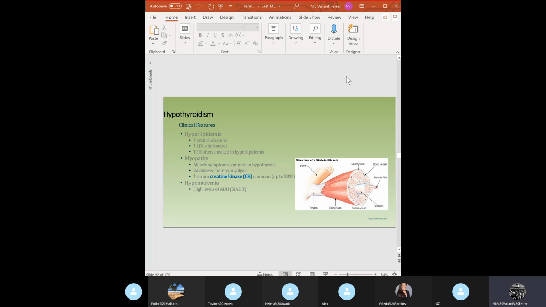It activates your V2 receptors to reabsorb water from the tubule. So you have an increase in aquaporins in your collecting duct, thereby increasing water reabsorption. Good job.